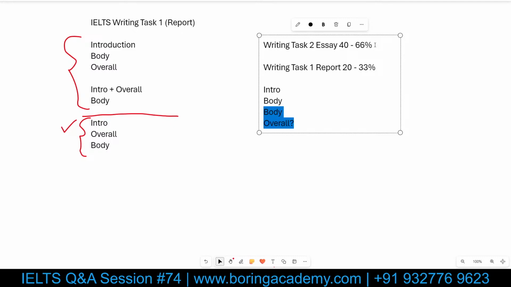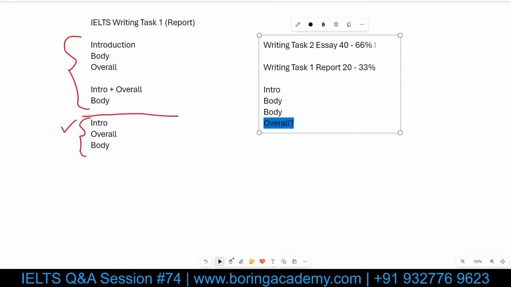Do you think you'll lose a lot of bands? We should start with task 2, right? I'm just saying that we are done with task 2 and now have only 20 minutes on our clock. What if you write intro and body, but you don't have enough time to write an overall? Will you lose a lot of band? Of course you will lose, because this is an important criterion.